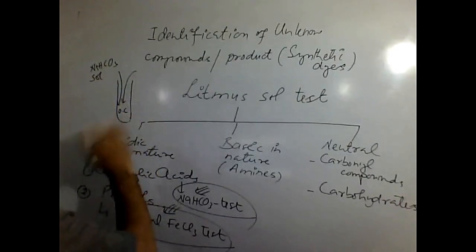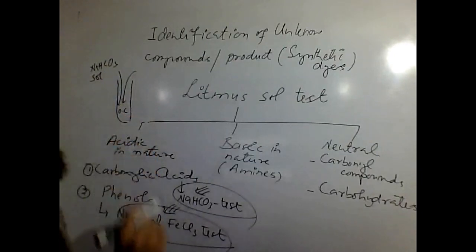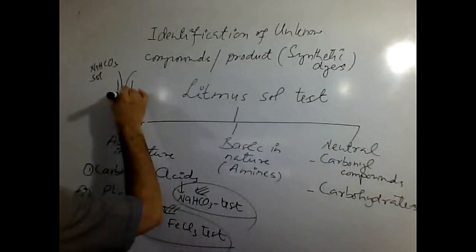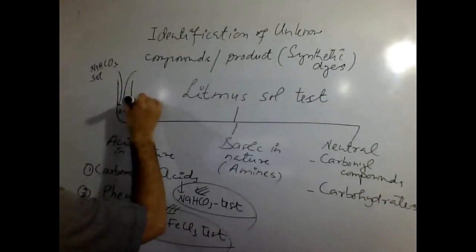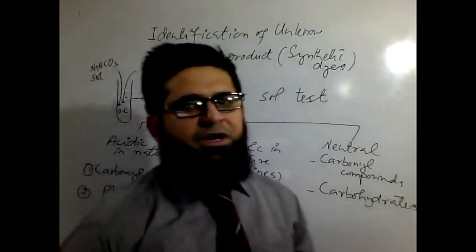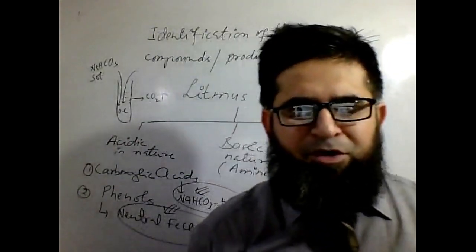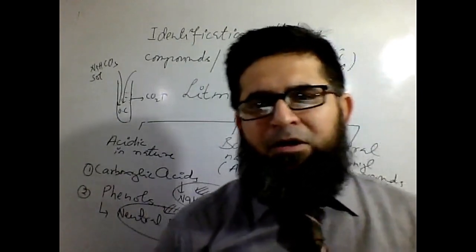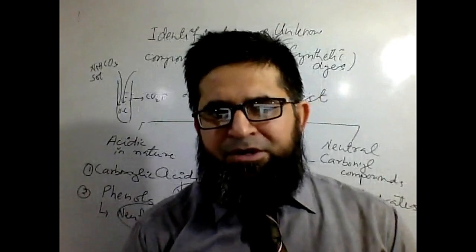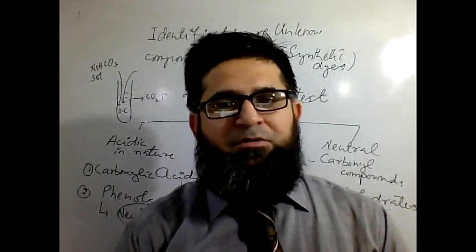Sometimes you gently shake it, sometimes you need to do a bit heating as well. Then the evolution of CO2, effervescence. CO2 evolves from the test tubes. It confirms the given compound is a carboxylic acid.